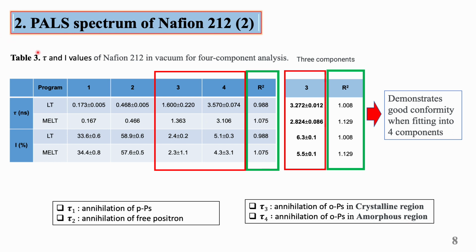Table 3 shows the τ and I values of Nafion 212 in vacuum for four-component analysis. And you can see the fitting consistency is better than when analyzing three components. So analyzing four components demonstrates good conformity.